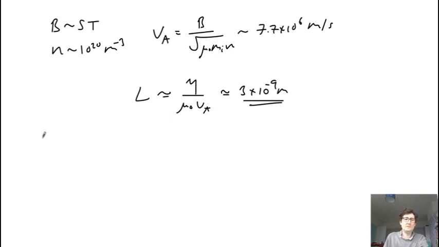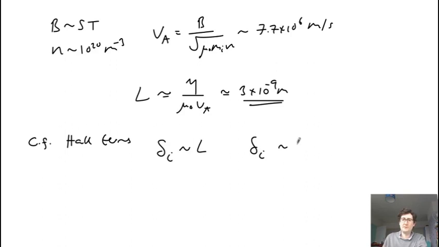By comparison, if you compare this to the Hall terms, these become important when the ion skin depth or the ion inertial length becomes comparable to your typical length scale, and this delta is roughly 2 centimeters if n is about 10 to the 20 per cubic meter.